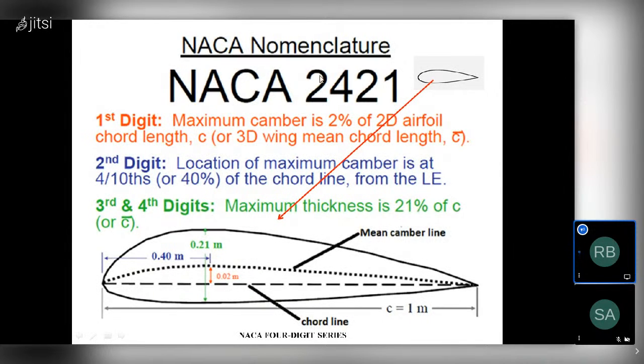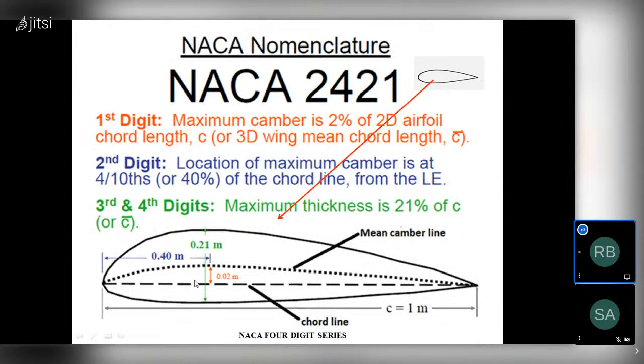Following that, the digits. In this four-digit number, the first digit tells about the maximum camber, that is 2% of the 2D aerofoil. The second digit gives you an idea about the location of your maximum camber from the leading edge.